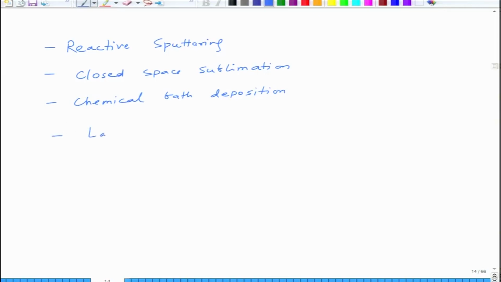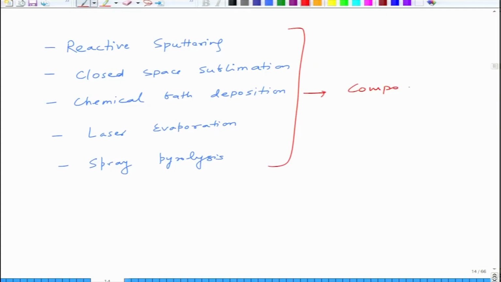You can also do laser evaporation or laser ablation, and one can also make them using spray pyrolysis, just like we made CdTe thin films. However, in all of these processes, as compared to CdTe, composition control is tricky, and this is because you have 4 elements.